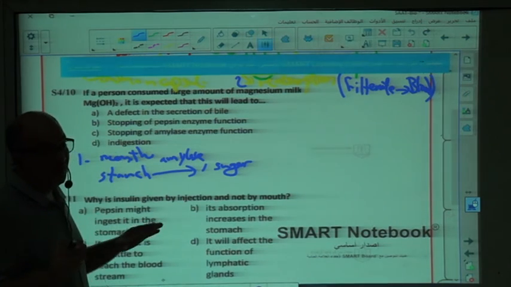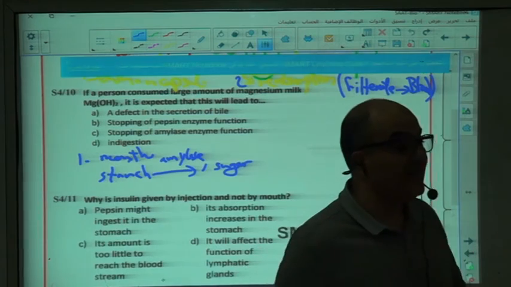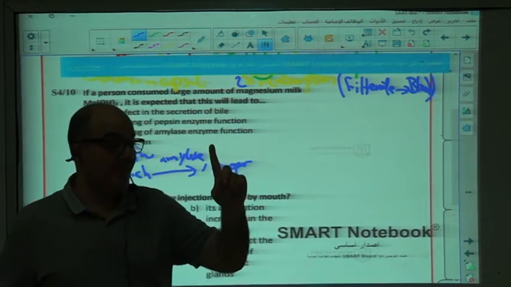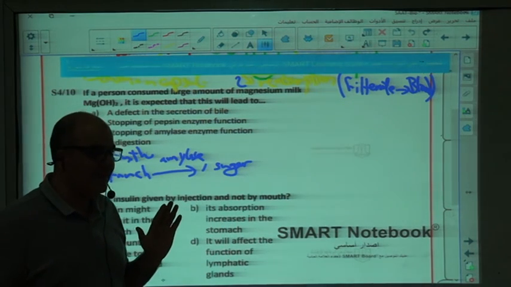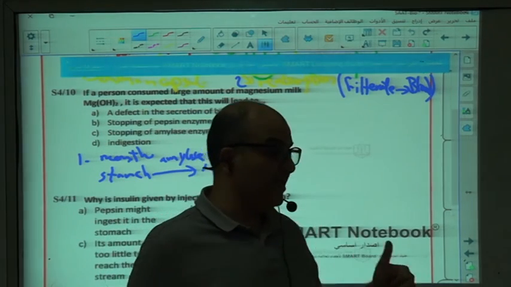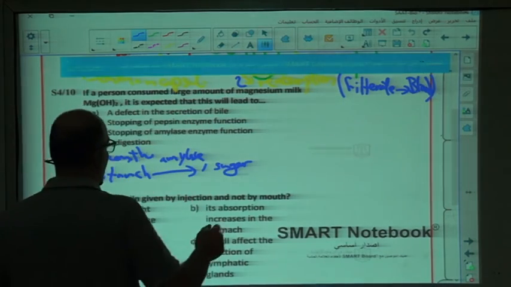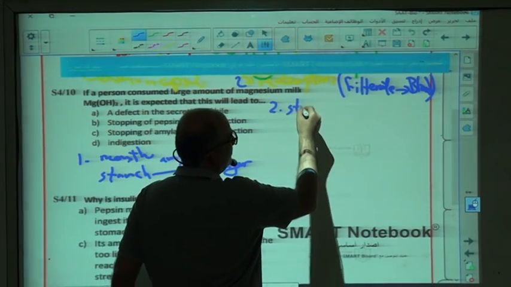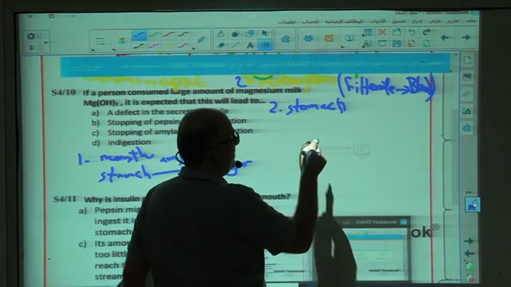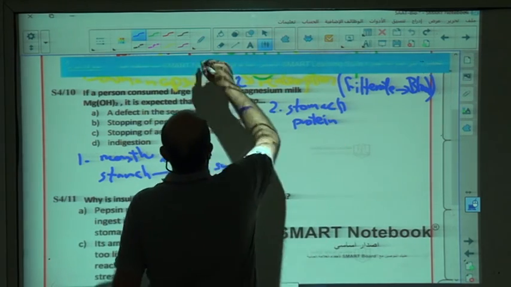Then guys, you have to know that all the body enzymes work in basic or alkaline conditions except pepsin. Except what, guys? Pepsin. Pepsin works in acidic conditions. Now in the stomach we have only digestion, guys, of proteins.